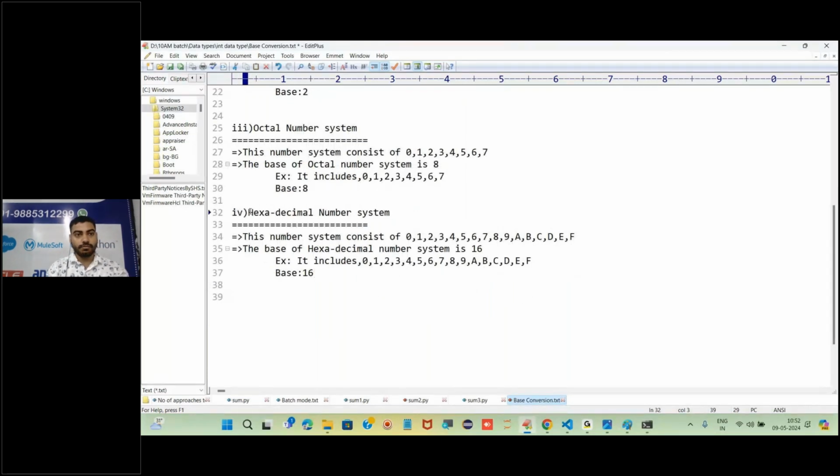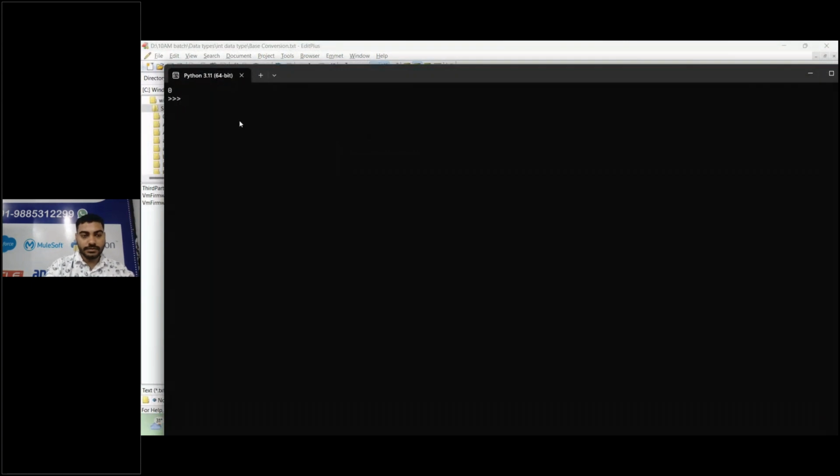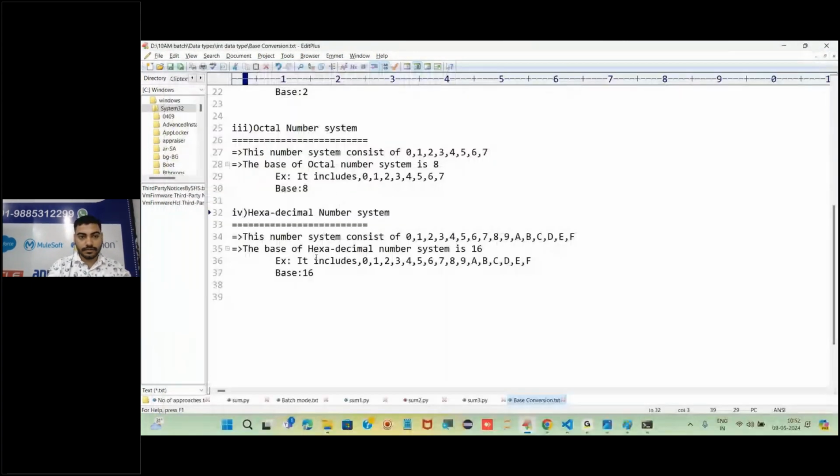Now let's go to Python. Programmatically, I will write the symbol for hexadecimal. Only the symbol I will show you here, or I will write the syntax for this.